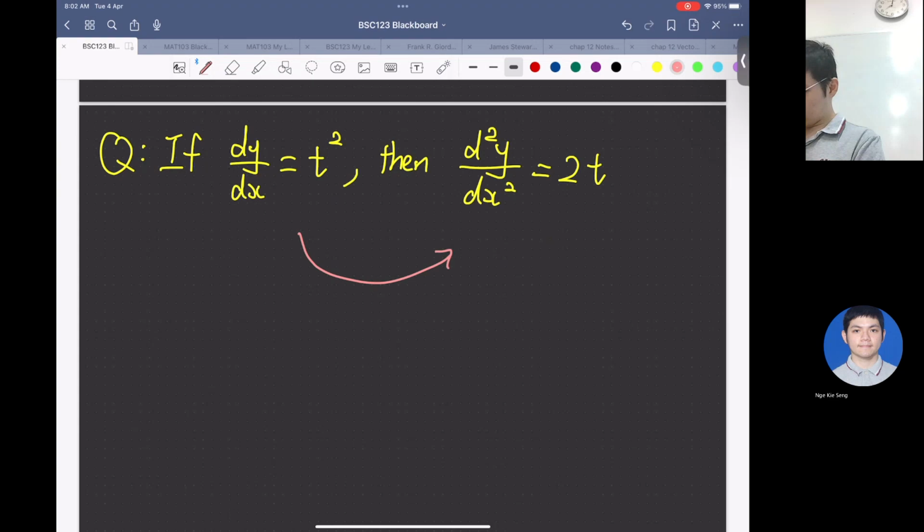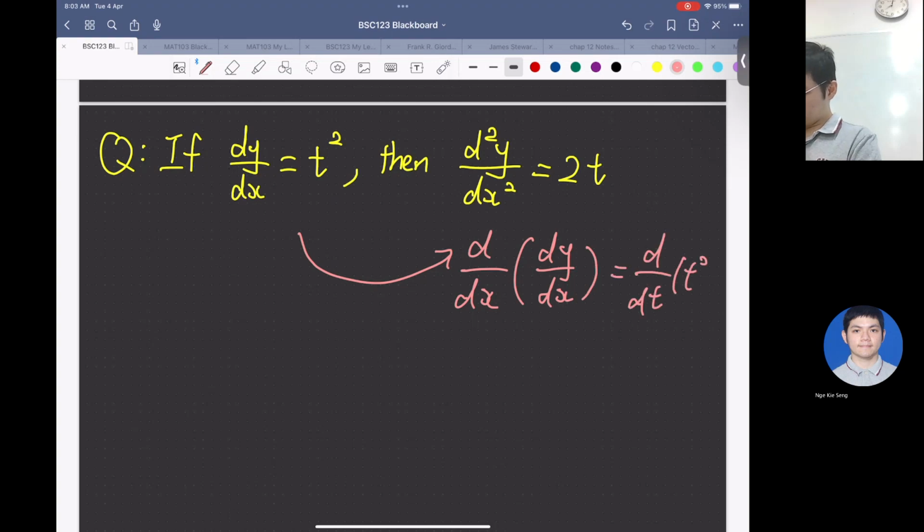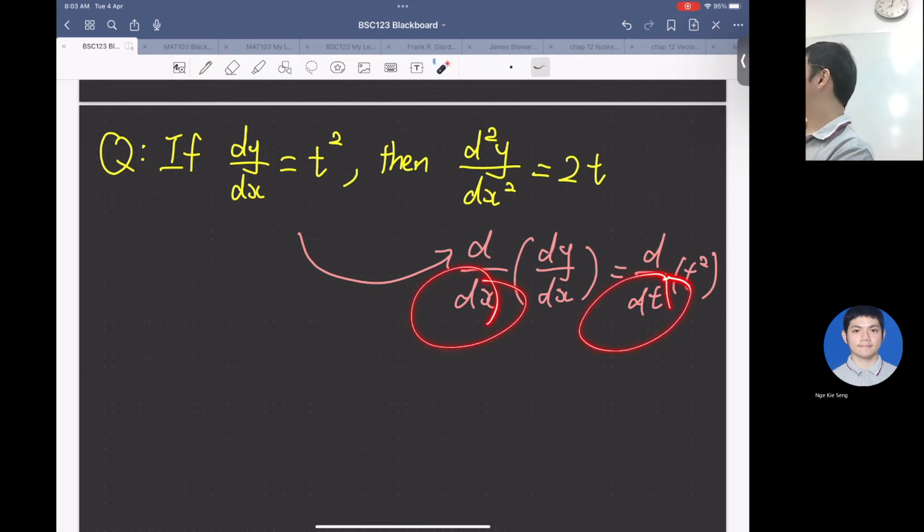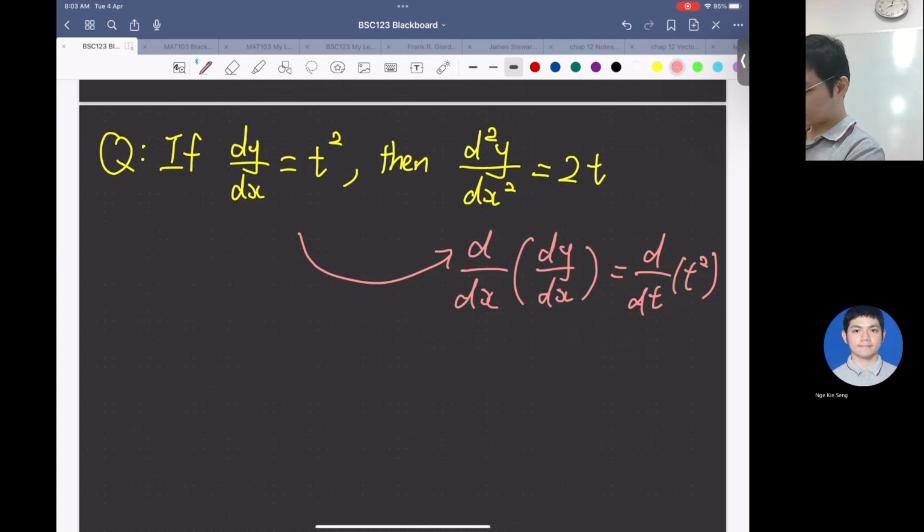What you are doing here is d/dx of t squared. You can see that these two are different variables, so you cannot do this.